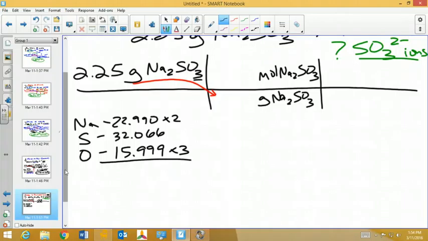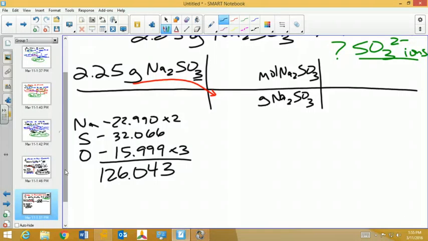And we add all of these things together. So 22.990 times 2 gives me 45.98. I add 32.066. I add 16 three times, and I get 126.043.